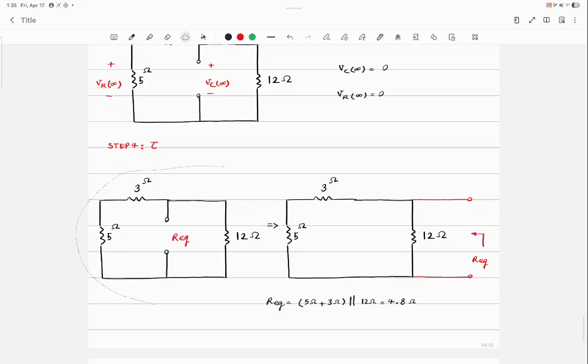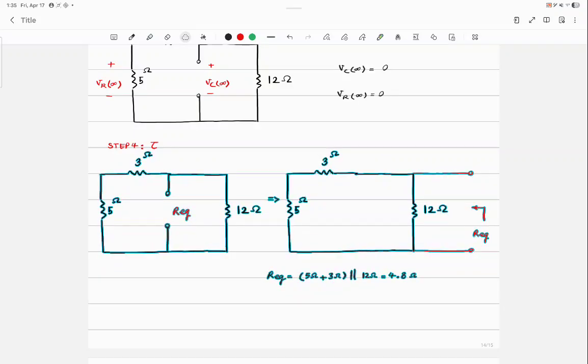I need more space. Okay, so what is tau? Tau is Req times C, and it's equal to 4.8 ohms multiplied by, what was C? 60 millifarad, and it's equal to 288 milliseconds.